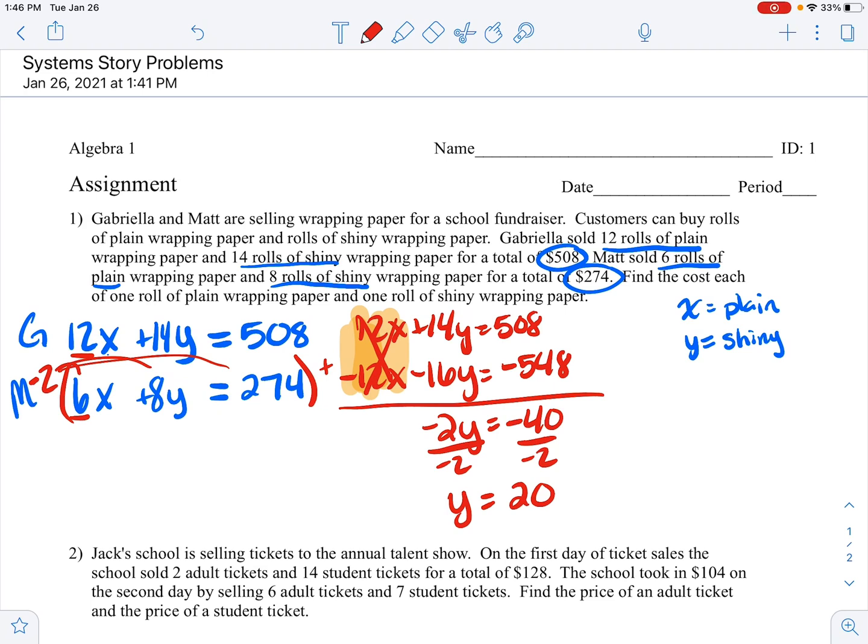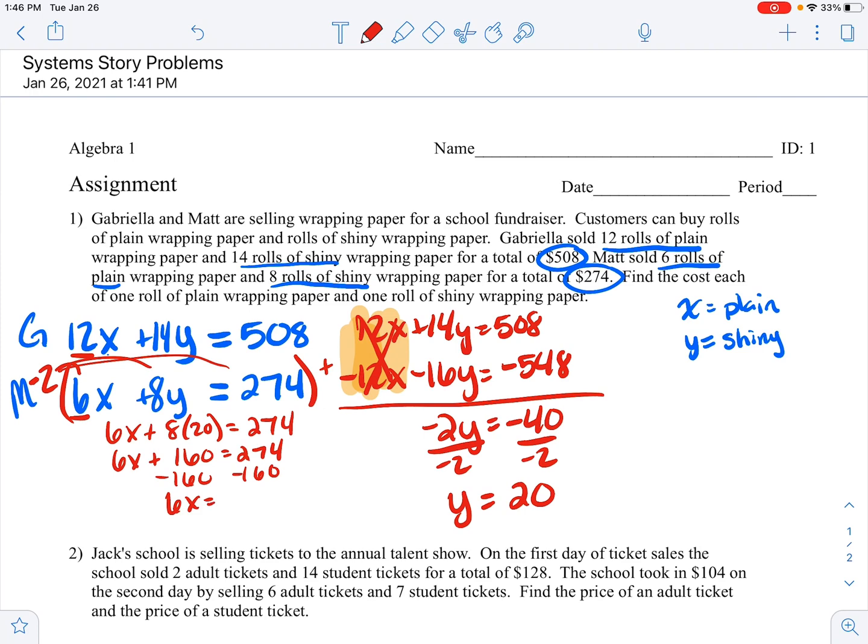Now we're going to plug that back in for y to find our x. I'm going to use the bottom equation because it's smaller numbers. So I have 6x plus 8 times 20 equals 274. That gives me 6x plus 160 equals 274. Subtract 160 over.